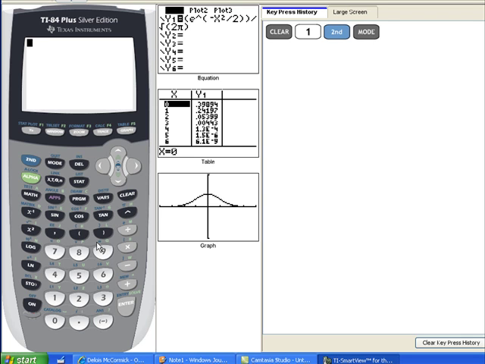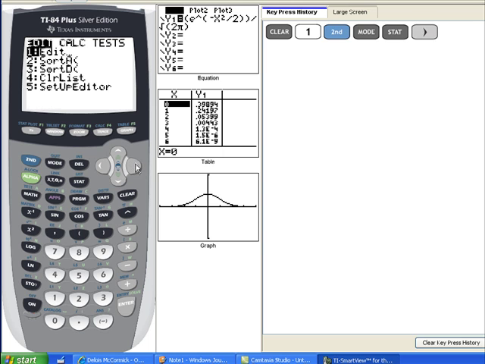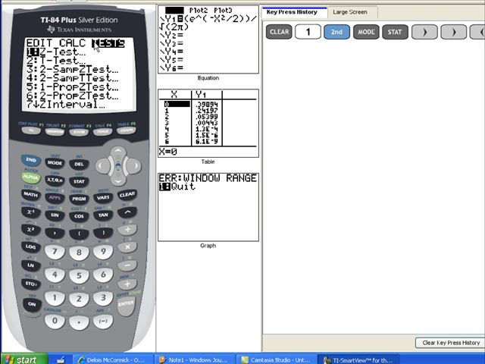The first thing they ask for is X and N. X is 239, the boys born, and N is 291 babies. Confidence level, we want 0.99. Then we go down to calculate.